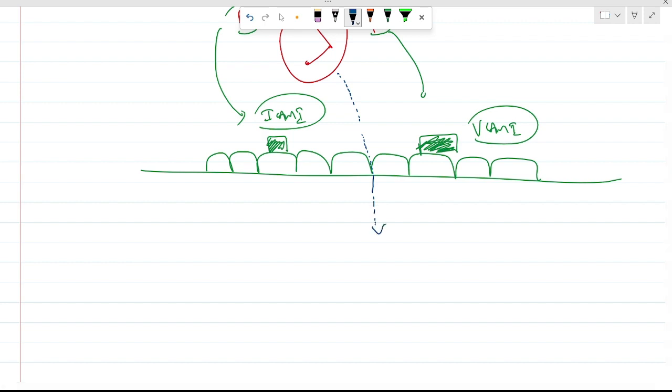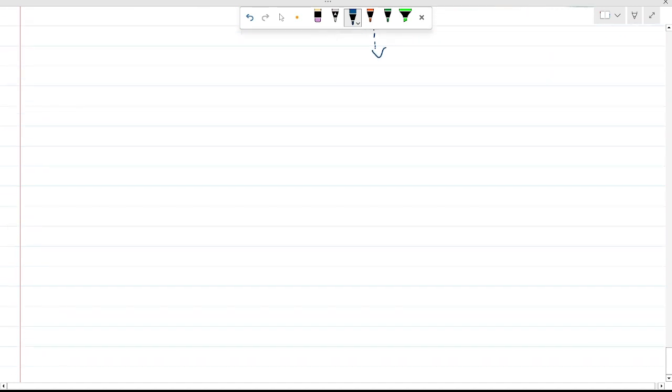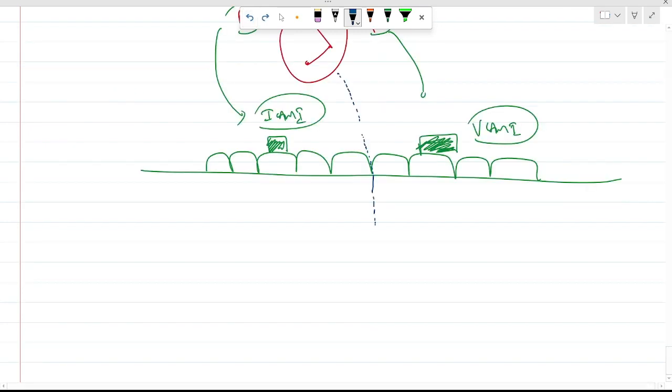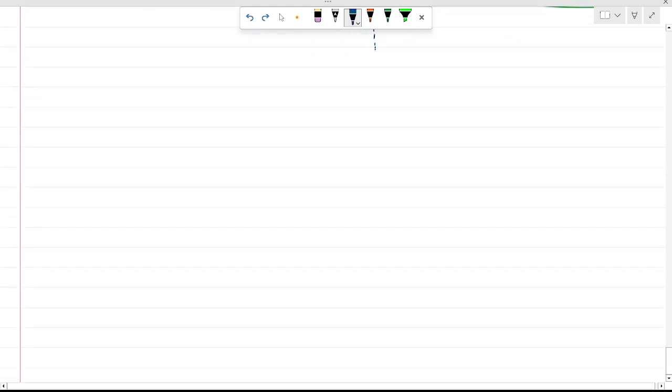What is this layer crossing called? It is our fourth step, T for transmigration.